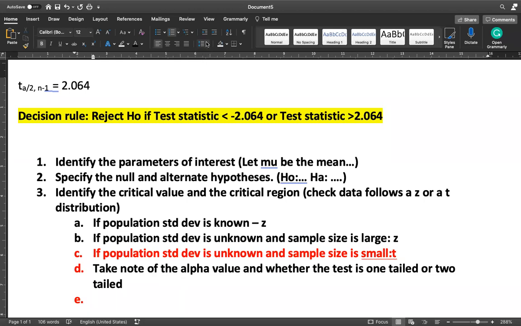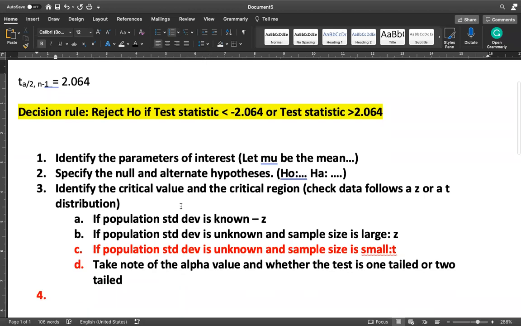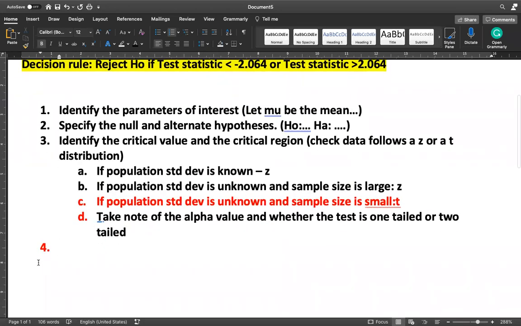Now, once you've been able to identify your critical value and the critical region, the next step for you is to specify the decision rule, okay?